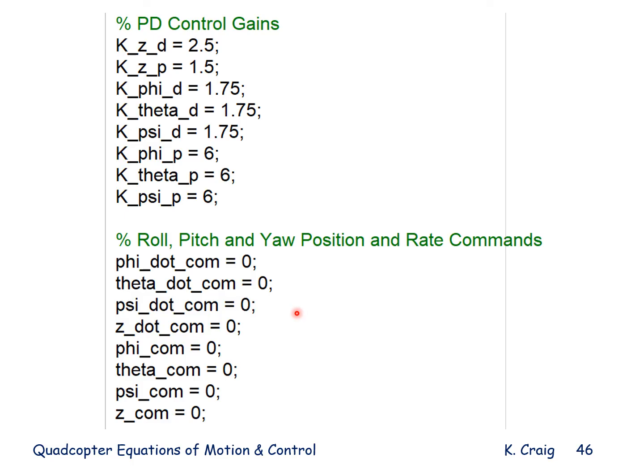And the altitude is equal to 1, and it's desired to bring the quadcopter back to ground level. So these are the roll, pitch, and yaw position and rate commands, and they are all 0.